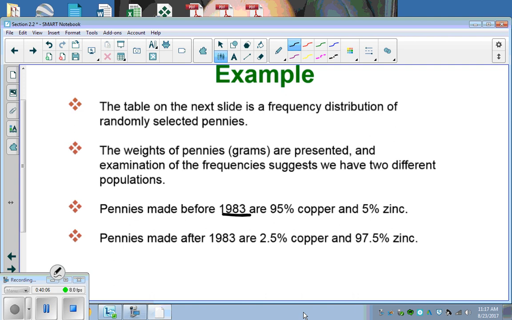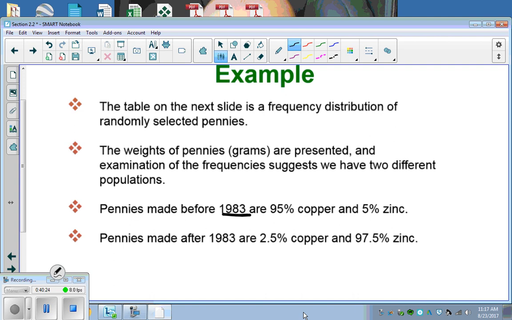Well, as you know, what has happened to the price of copper? So, what does that really mean? A penny that's 1983 or earlier is worth more than a penny. Definitely.